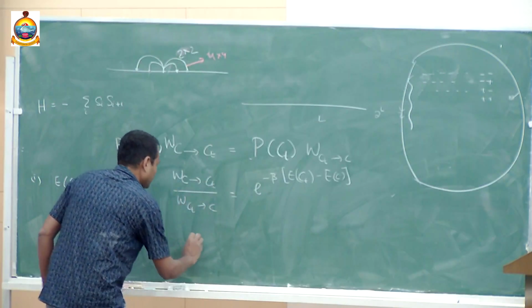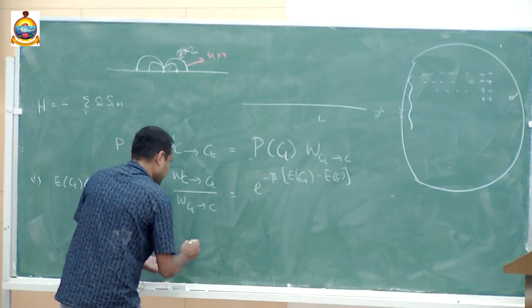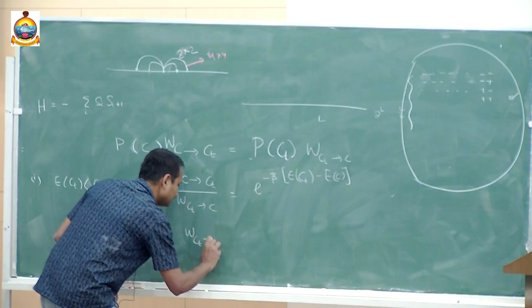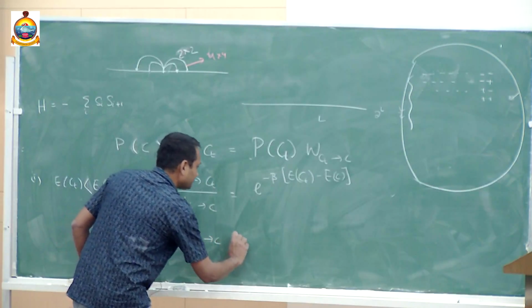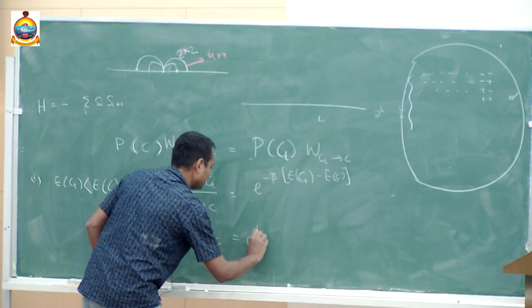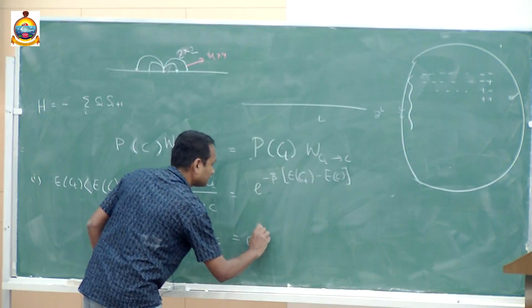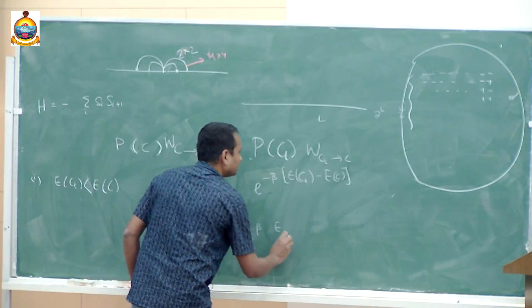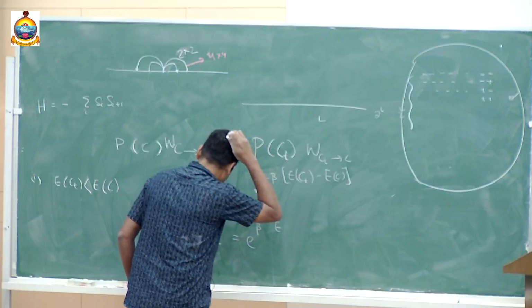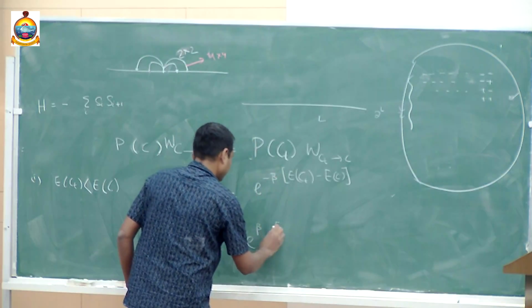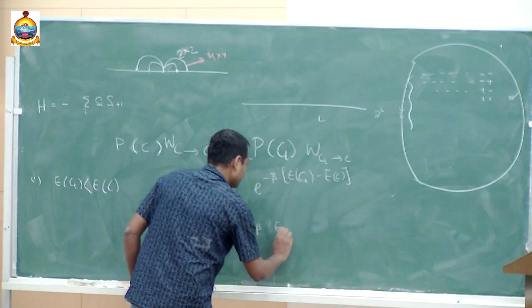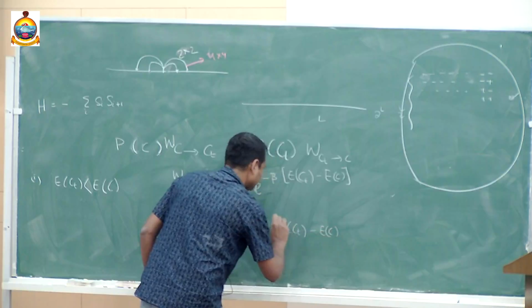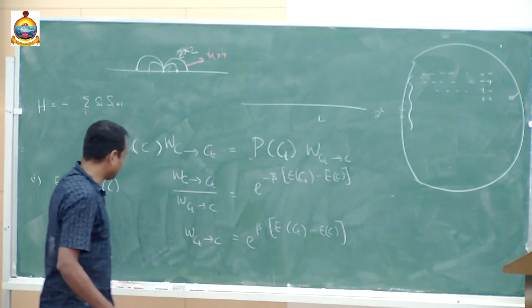So if this is 1, then the rate W from CT to C equals e to the power minus beta times delta E, which is E of CT minus E of C. Did I make a mistake somewhere?